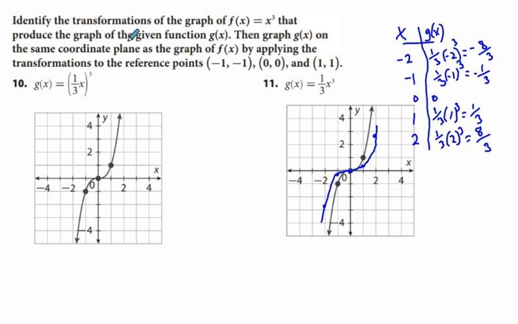And let's see, identify the transformations. Well, what are the transformations? We'll say vertical compression by a factor of 1/3. And the reference points that we're going to change, well, negative 1 comma negative 1.